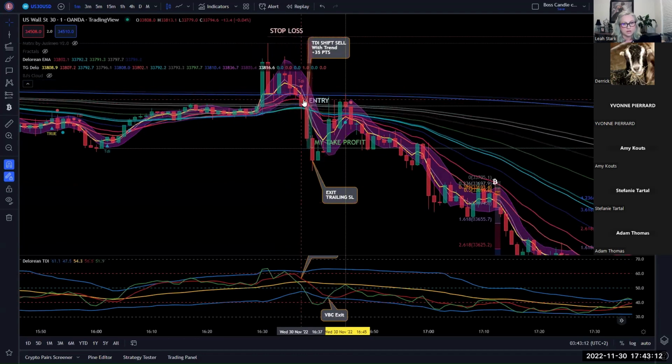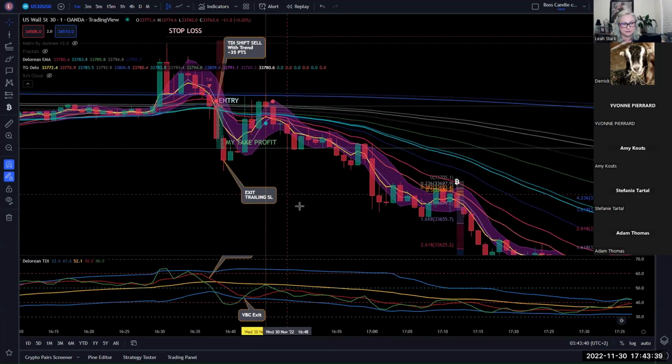But how many other times can you find a TDI shift entry that didn't close over a high value EMA, even though this is going with trend? Would you have hesitated if you went back and marked up 1,000 TDI shifts and found that if they cross over the EMA, a higher percentage of them play out, or do they fail more often? It's just building your confidence and building your skill.